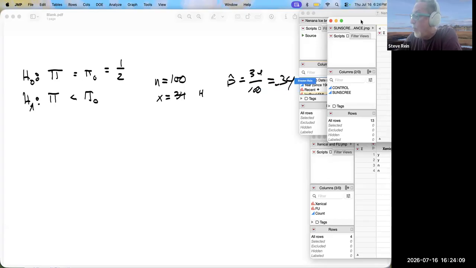What should I do with that 0.34? Well, the natural thing to do is to compare the 34% to the hypothetical 1/2 that I would expect to see if really the coin were fair. And I'm going to say my test statistic here is always a comparison of what you do see and what you expected to see if the null hypothesis were true.